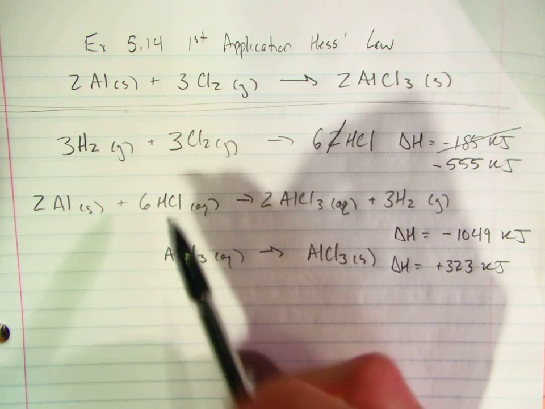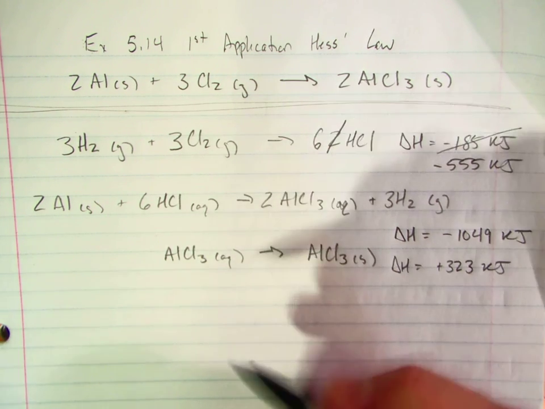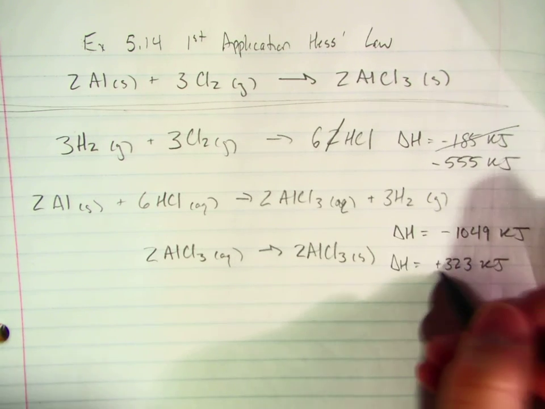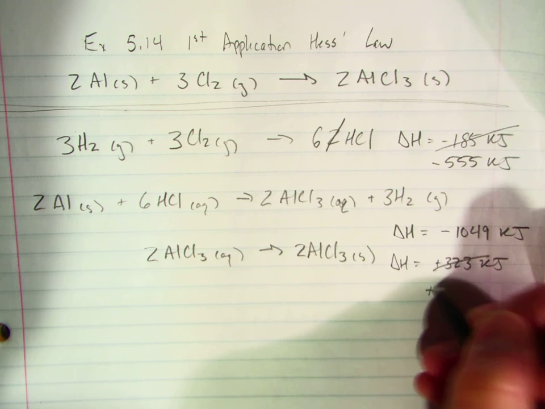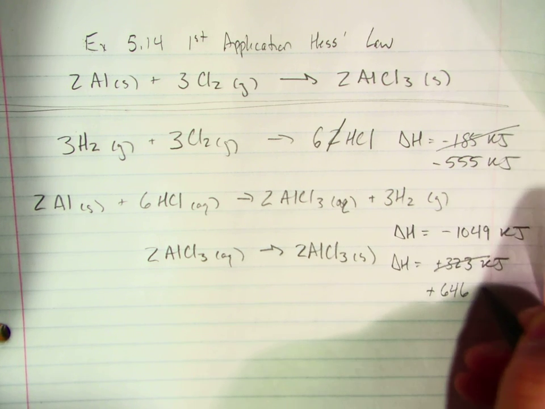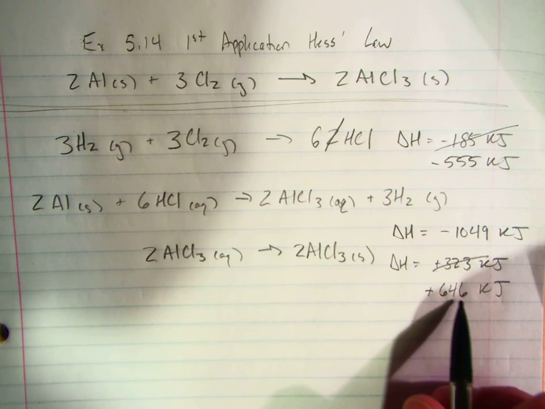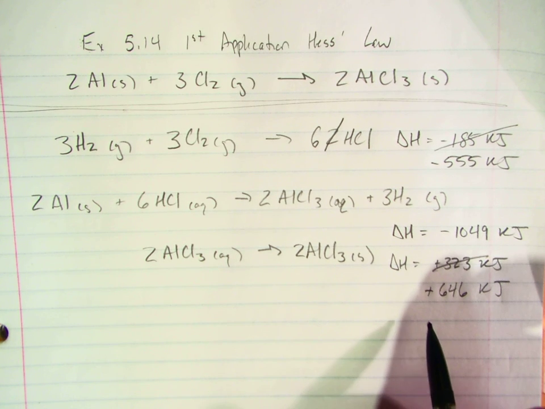But notice, I want 2 of them. So I'm again going to double this reaction. And if I double the reaction, I have to double that. 323 times 2 is positive 646 kilojoules, pardon me.